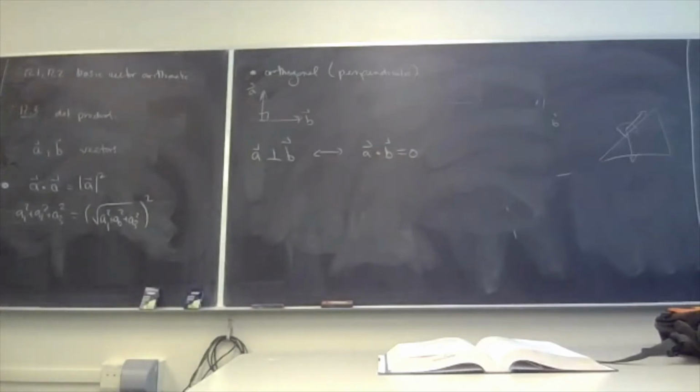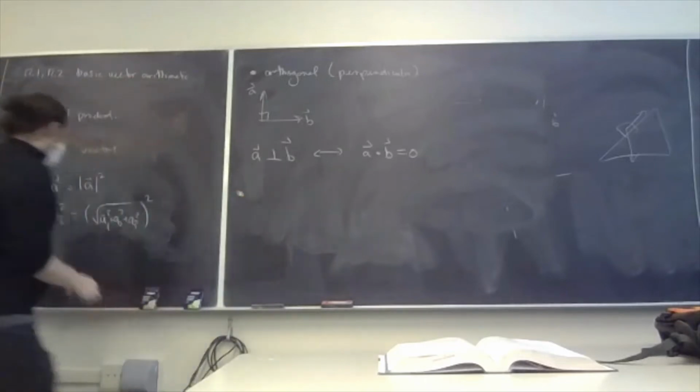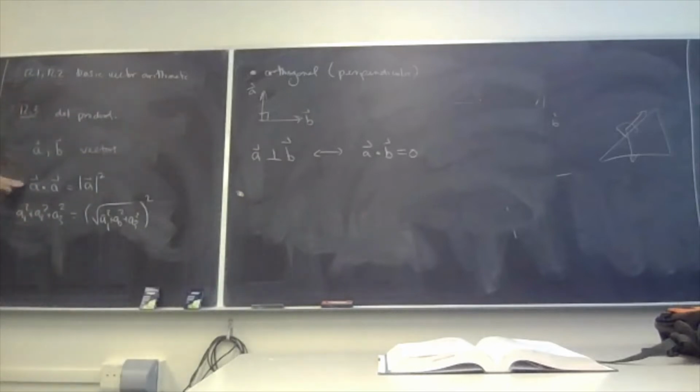So the dot product is a way of measuring when things are at right angles. One of the most useful features of the dot product is that it tells you when things are perpendicular to each other. And the reason that it does that is because of point 3. So this means that the dot product contains the length of vectors inside of it.